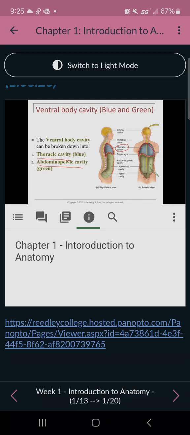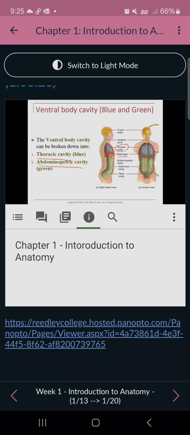The thoracic cavity or chest cavity is formed by the ribs, the muscles of the chest, the sternum, which is the breastbone, and the thoracic portion of the vertebral column. And we also have the diaphragm, which is a dome-shaped muscle that separates the thoracic cavity from the abdominopelvic cavity.